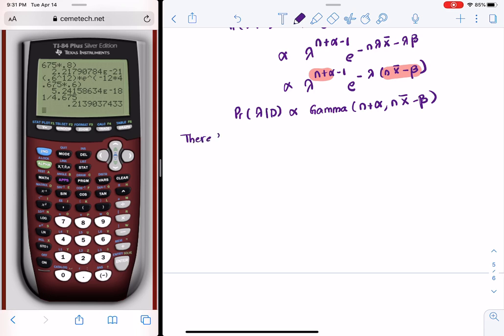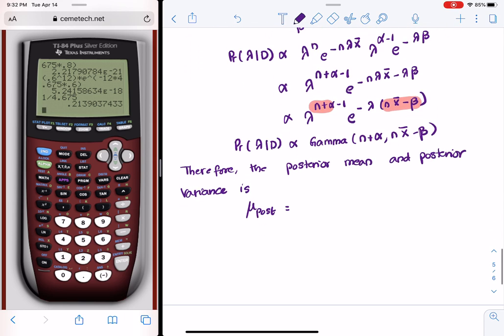So the posterior mean: for a gamma, the mean is alpha over beta. So for the new parameters that we have in the posterior distribution, we have n plus alpha over n x bar minus beta.